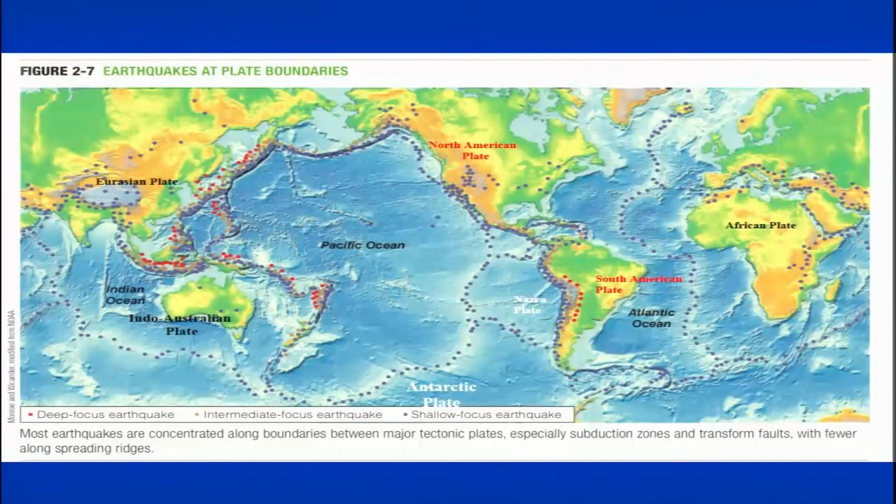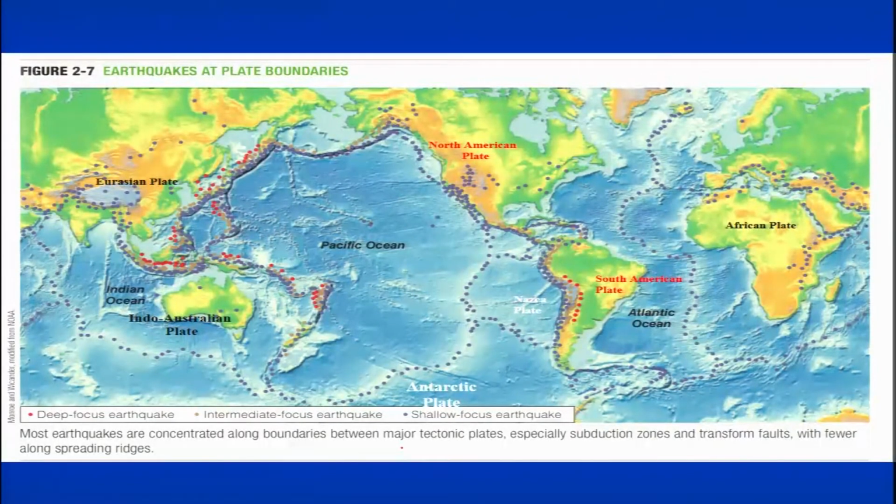Now if you look at this map, which shows the relationship of the plate boundaries and the alignment, or you can say the locations, of the earthquakes, most of the earthquakes are along the plate boundaries. So this helps us understand that these plate boundaries are dangerous in terms of earthquake hazard.